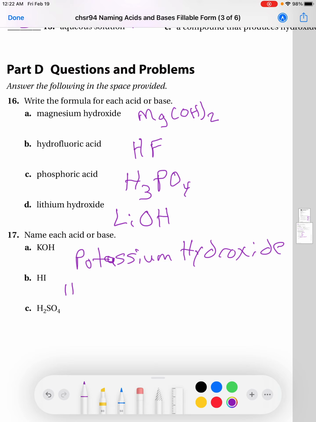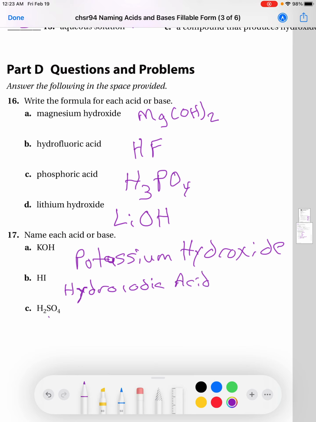HI is hydro, that's a Y, not an X. Sorry, I'm using my Apple Pencil here. Hydroiodic. Iodine, iodide, the ide becomes ic, iodic, and we add the word acid.